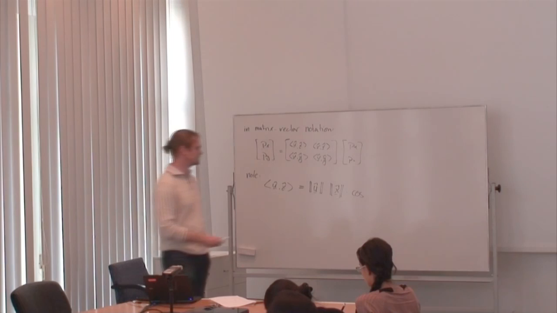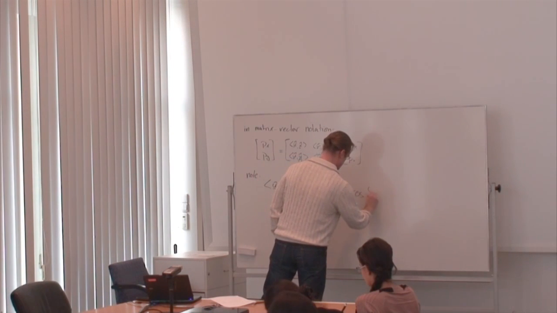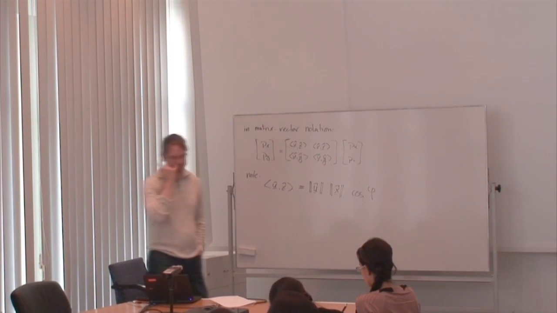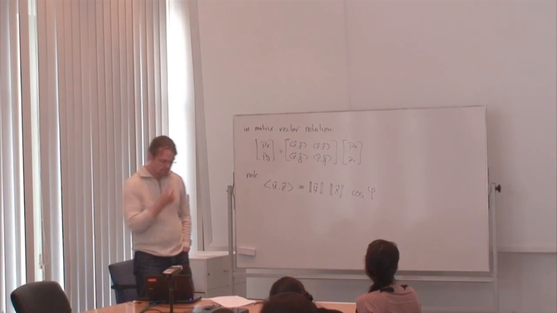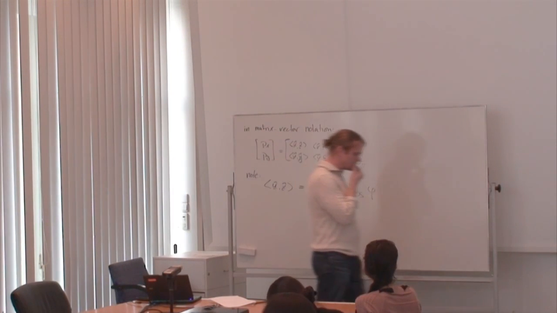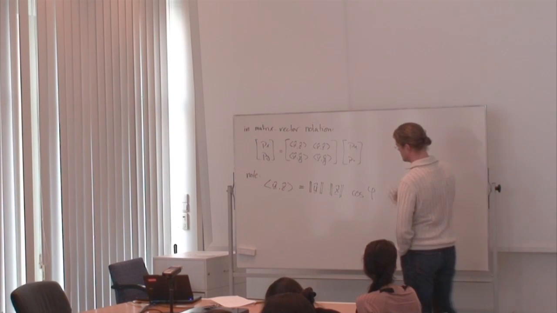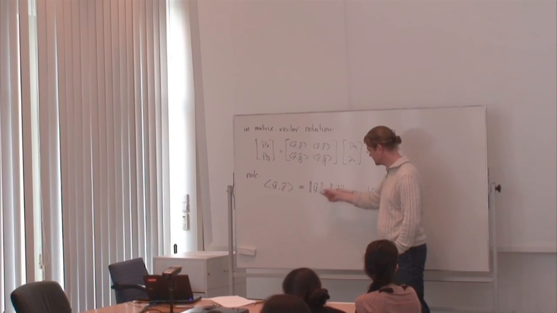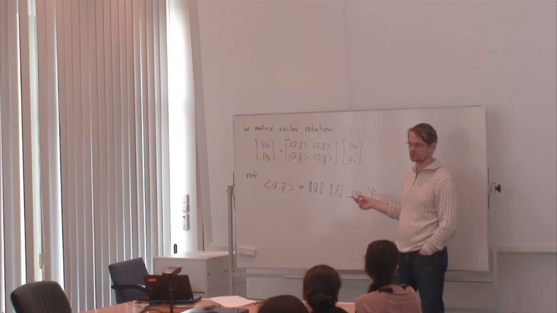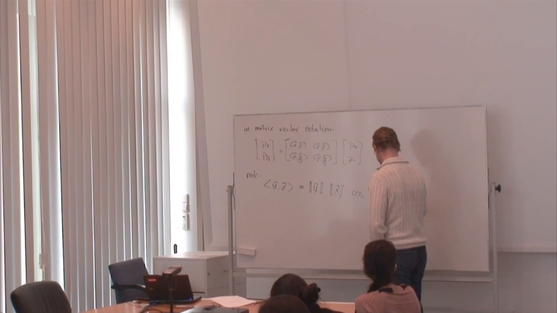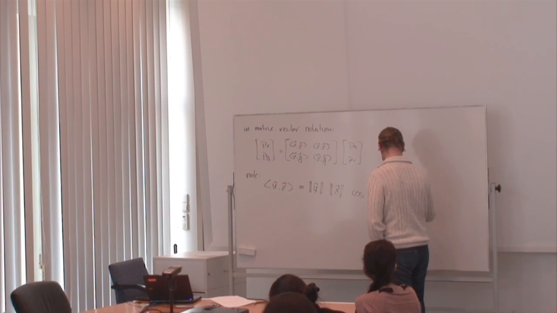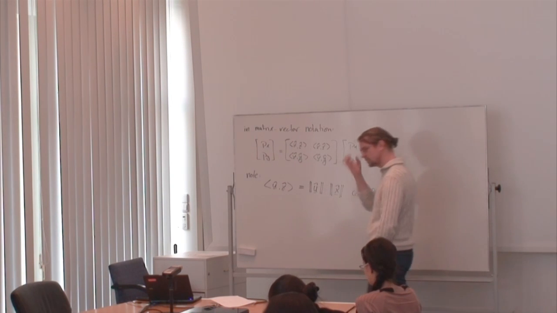This angle between them is phi, given the picture we just saw. And we also remember that these two vectors are unit vectors. So all of this inner product boils down to cosine of phi.